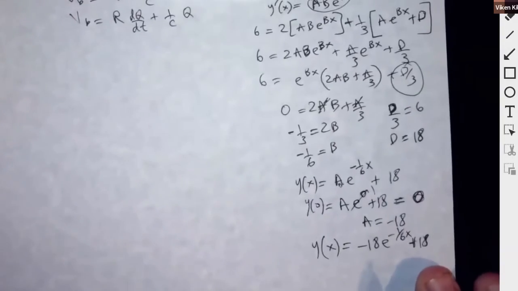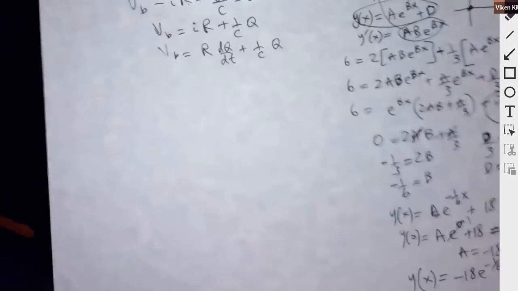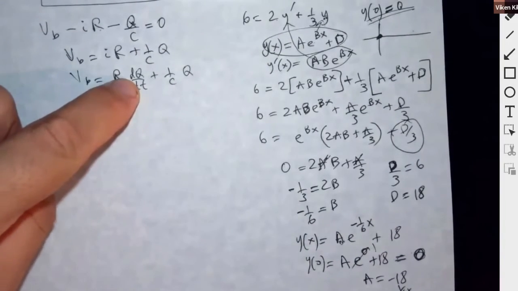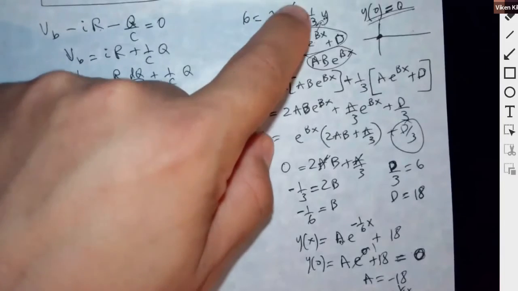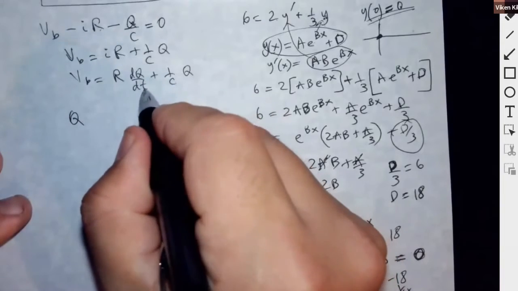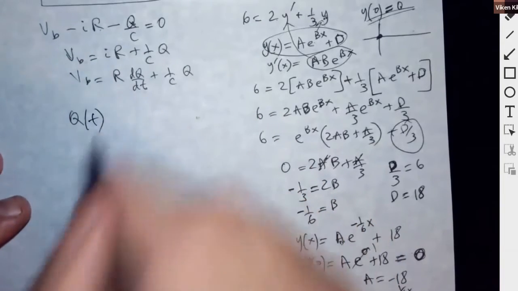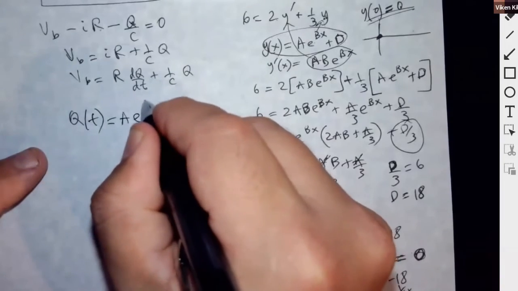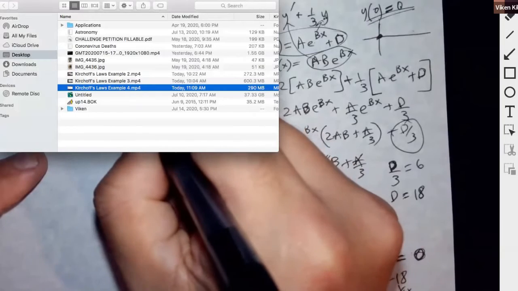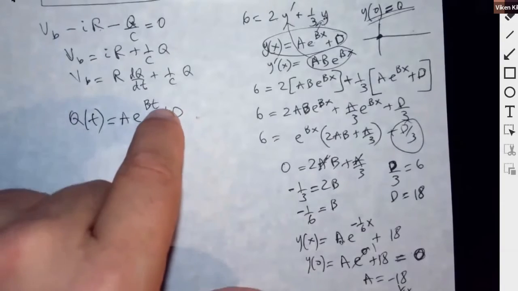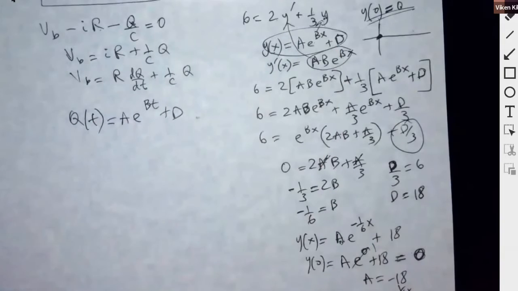Okay, so now how do we apply what we learned from here to there? So we could say, in our case, the q is the y, right? You have y prime, so you have here q prime. So the q is a function of time. And so it's going to be a e to the bt plus d. So it's a function of time, not x, right?